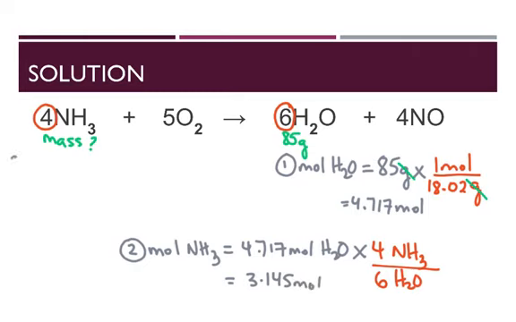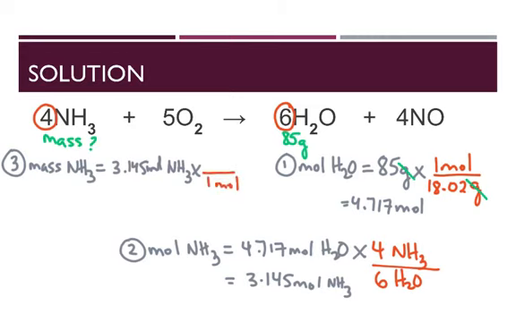All right, step number 3, home stretch. This time, now that I've got moles of NH3, let's put that in here, I can take those moles of NH3 and I can convert them back into a mass using that molar mass. So mass of NH3 is going to be my moles that I just calculated. And I'm using my molar mass relationship. In this case, I want to get rid of moles, so moles will go down here at the bottom.